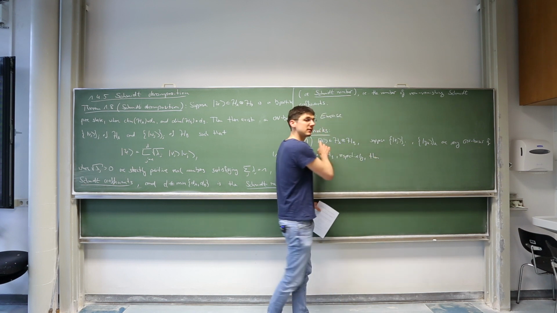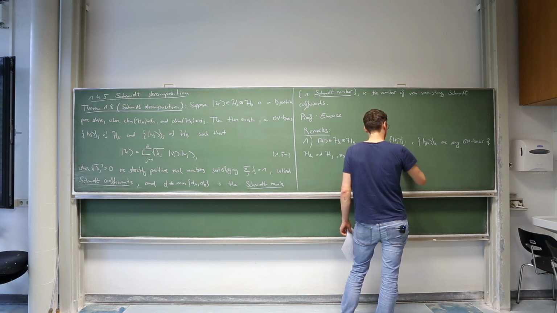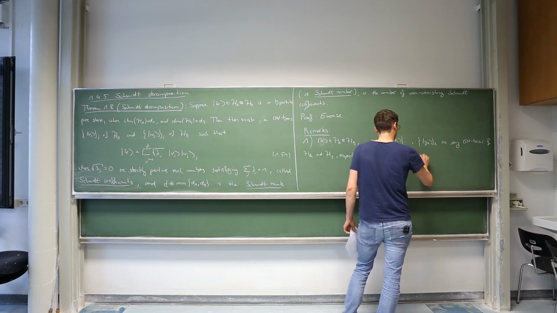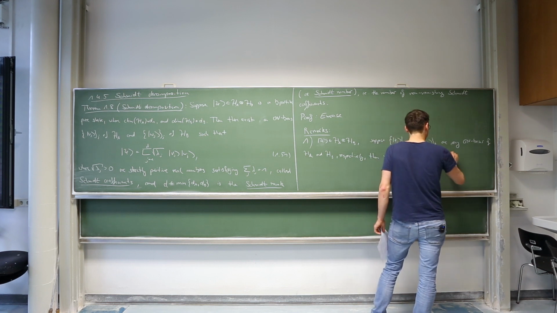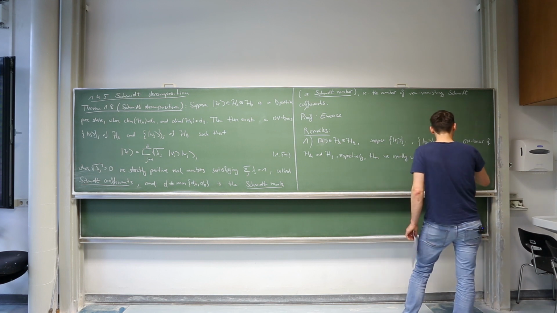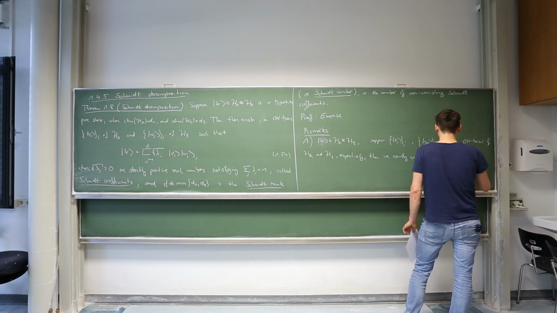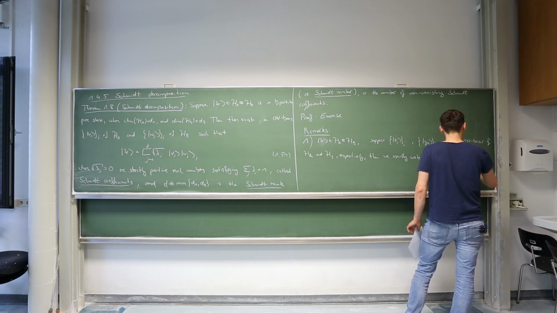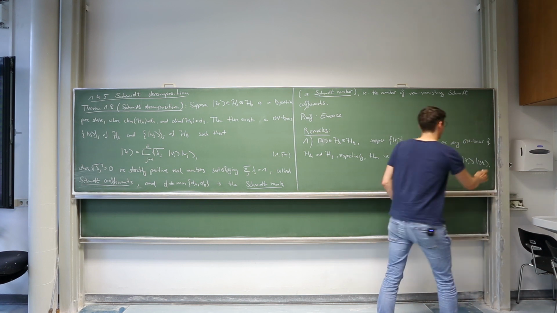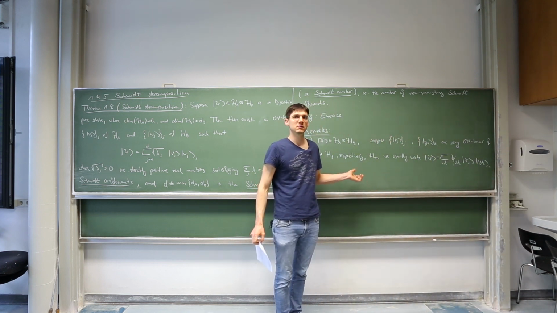Then we usually write the state psi as a sum over coefficients j and k with some complex values psi jk, and then we have the basis states xj tensor yk. Okay, so this is given any two ON bases.